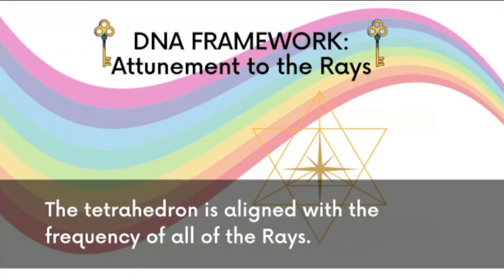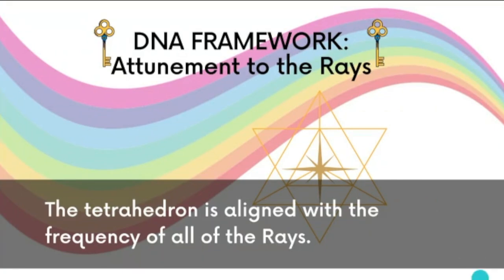The tetrahedron is actually a three-dimensional shape, so we see it as it spins. That is the star tetrahedron, the three-dimensional sacred geometric form that is the tetrahedron spinning. That spinning tetrahedron is the sacred geometric form that leads us into embodying the light.